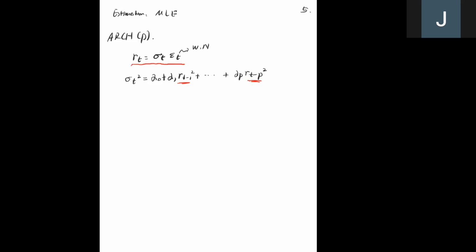All we do is introduce some lags for the dynamics of this sigma t. And of course, you can imagine that this ARCH(P) model has conditional mean equal to 0. The conditional variance is not constant. And moreover, it can capture the feature that high volatile periods tend to be clustered together.